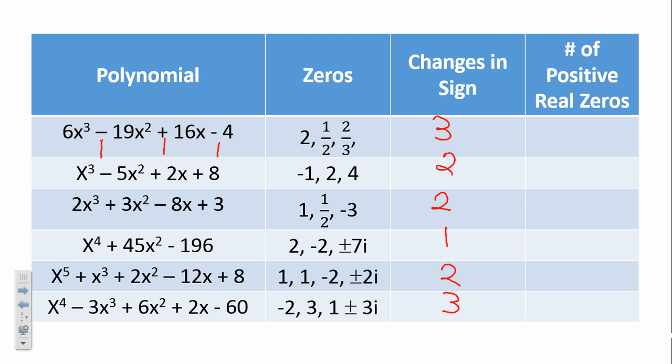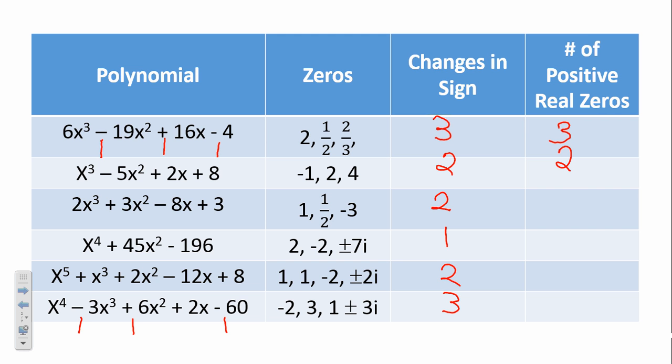Okay. Now let's look at the zeros. How many positive real zeros do we have? How was the last one? 3. We went from positive to negative, from negative to positive, and then back from positive to negative. The first one. Okay. How many positive real zeros do we have in the second equation?